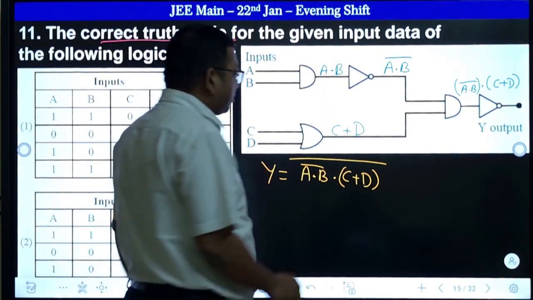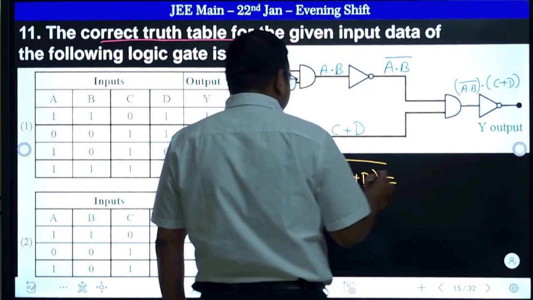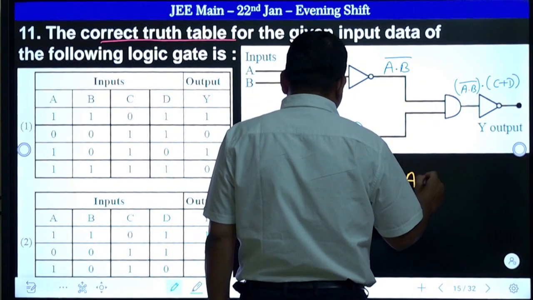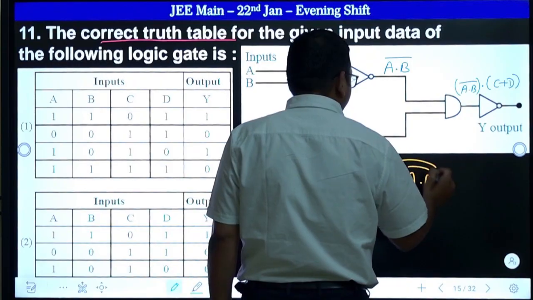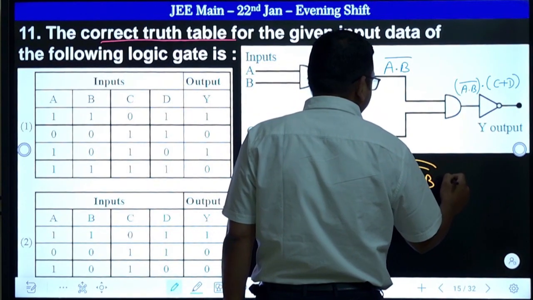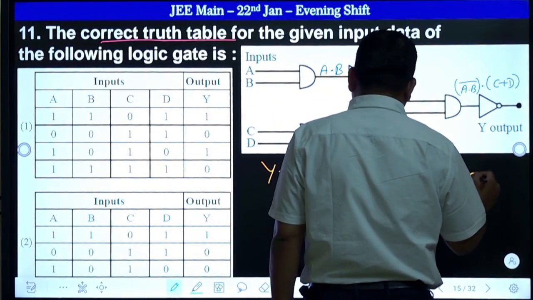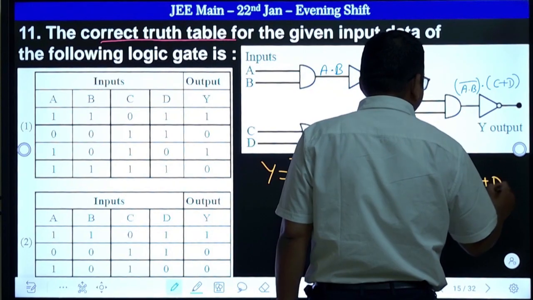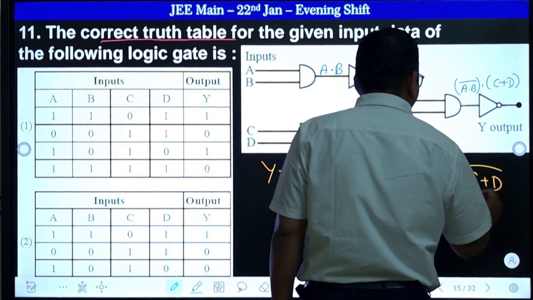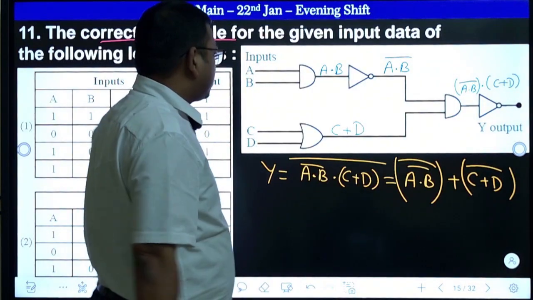Now let us try to simplify this. So this can become A dot B bar bar, and this dot will become plus, and this will become bar over C plus D. Correct?